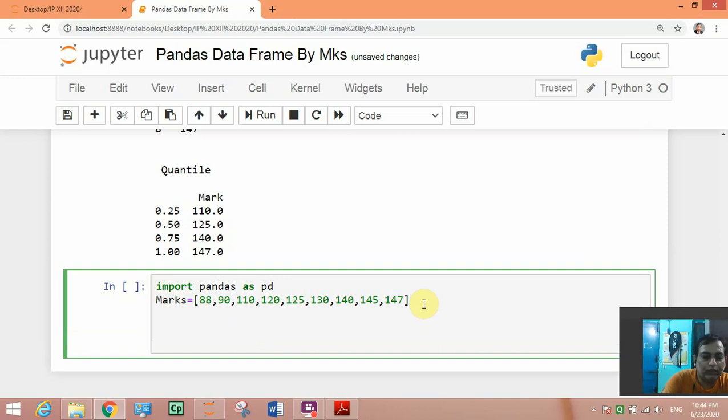A data frame. So a data frame can be written as df equal to pd dot DataFrame, where the F and D will be capital letters. Next we are going to change marks into a data frame.